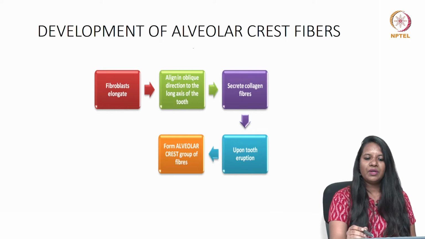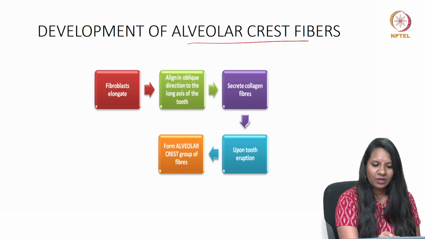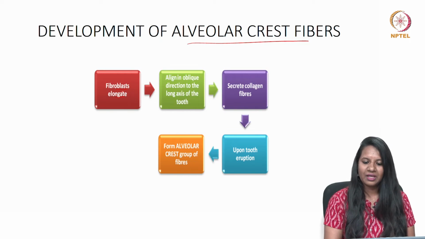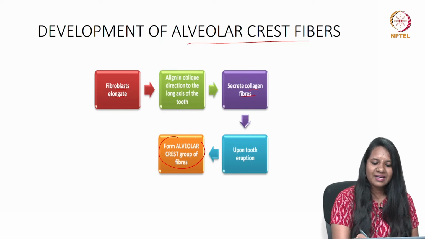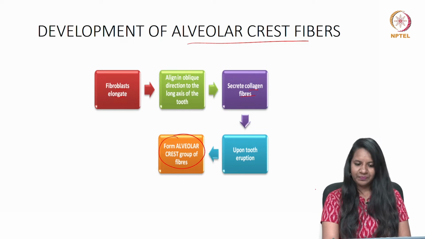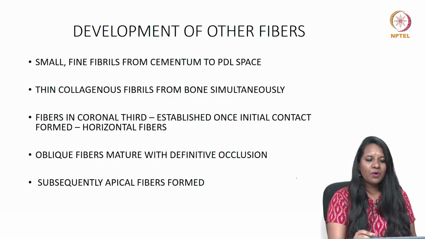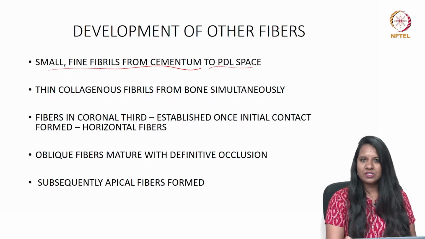So, the first developed fiber is the alveolar crest fiber. These fibroblasts elongate and align in an oblique direction to the long axis of the tooth and secrete collagen fibers, and once the tooth starts erupting, they will form the alveolar crest group of fibers. Then, how do other fibers form? Small fine fibrils from the cementum enter the PDL space.